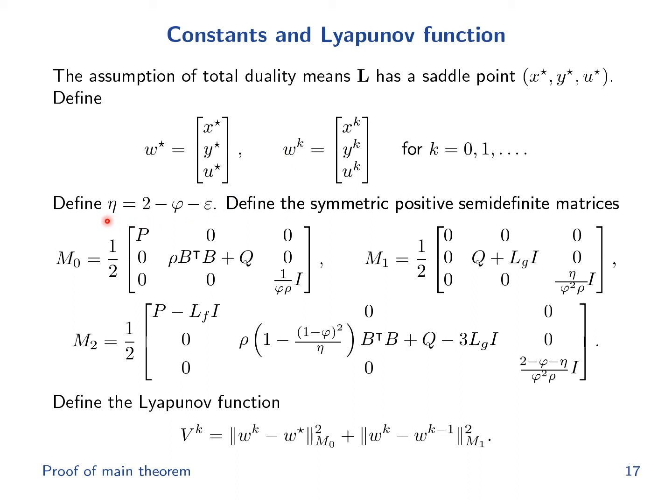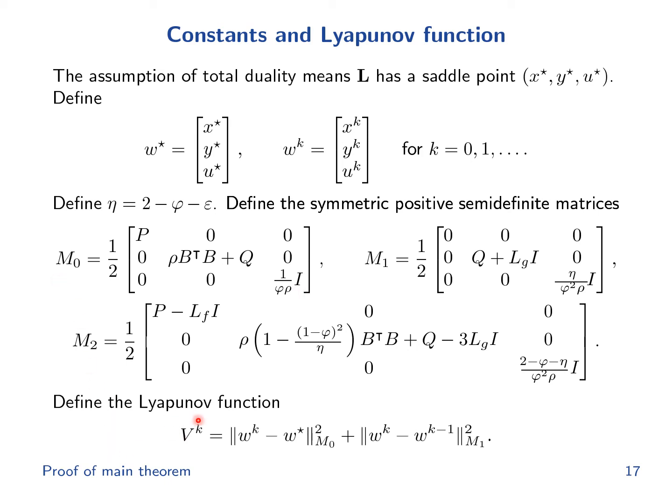Define a constant eta, and define 3 block diagonal matrices. The off-diagonal entries are all 0, and the assumed conditions of the theorem guarantee that the matrices on the diagonal are all positive semi-definite. Therefore, we can use them to induce semi-norms.